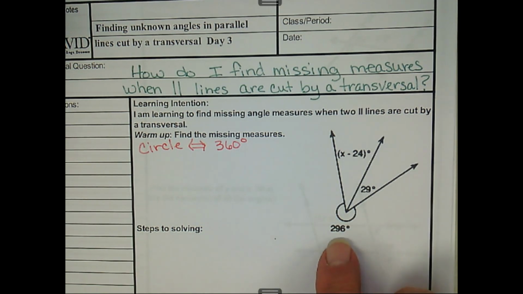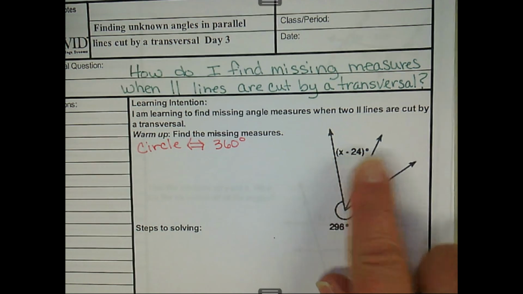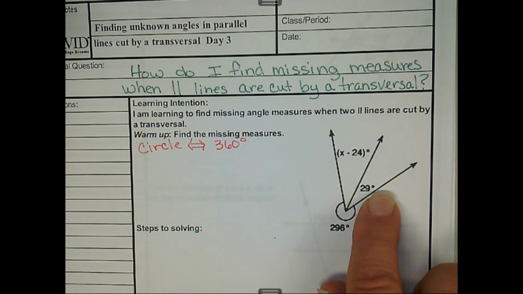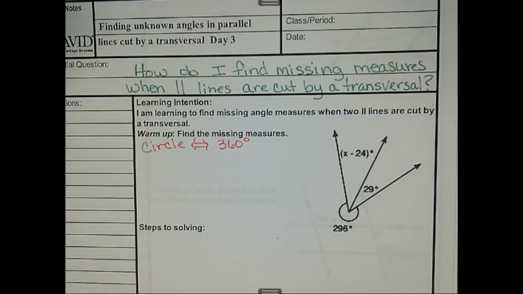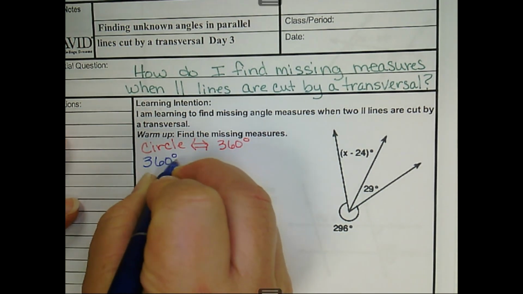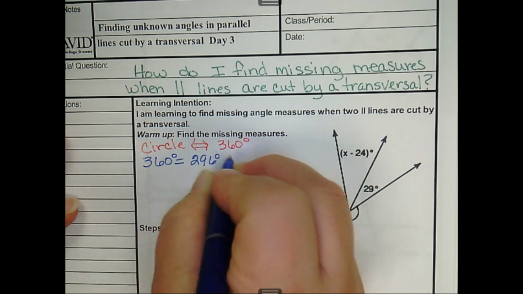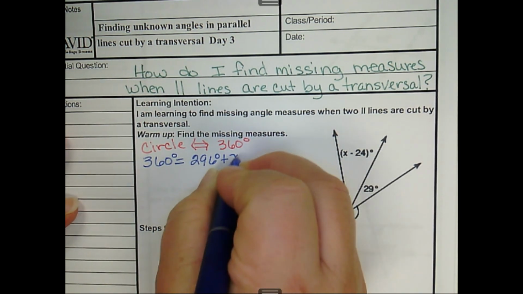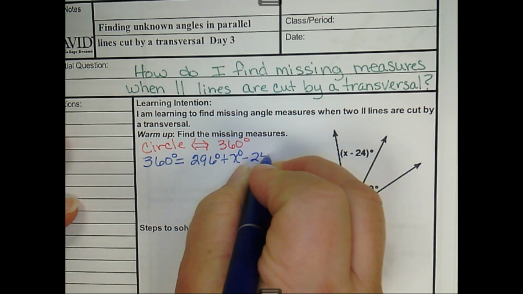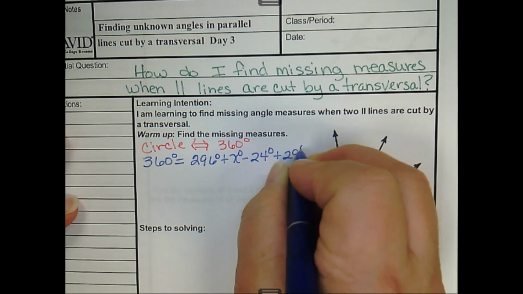I know that 296 plus x plus minus 24 plus 29 is equal to 360. 360 degrees is equal to 296 degrees plus x degrees minus 24 degrees plus 29 degrees.